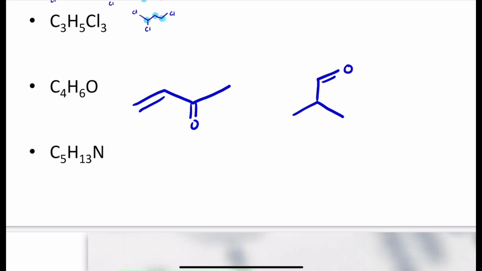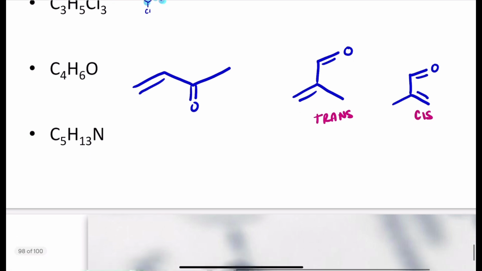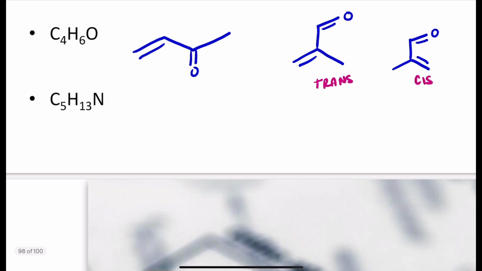Double bonded oxygen up here. That would be it. This is trans. This is cis for those double bonds. C5H13N.